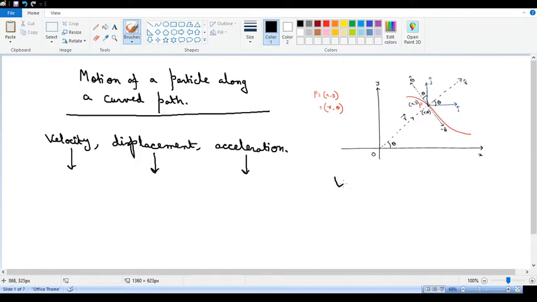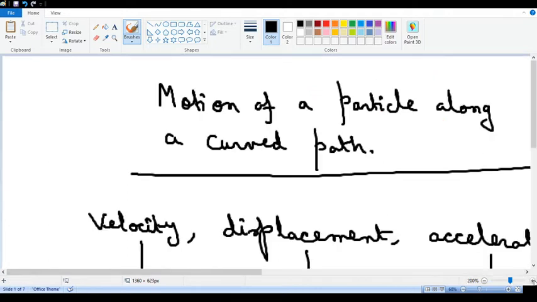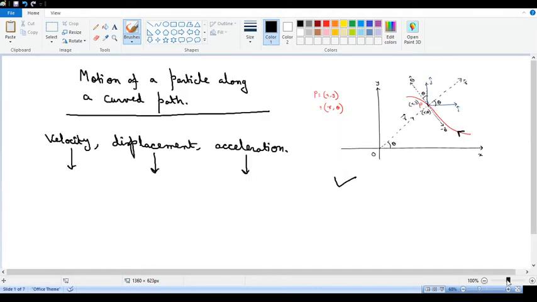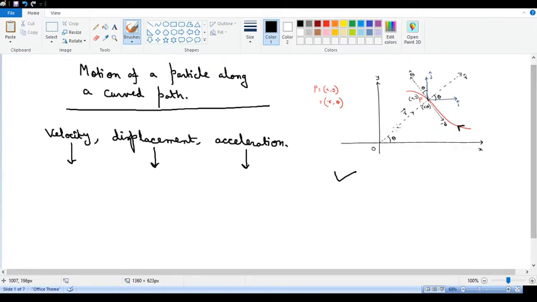So in this figure, you can see that I have considered the curved motion of the particle, where the particle is following the curved path as shown in the figure. Here P is any instantaneous position of the particle along this curved path.